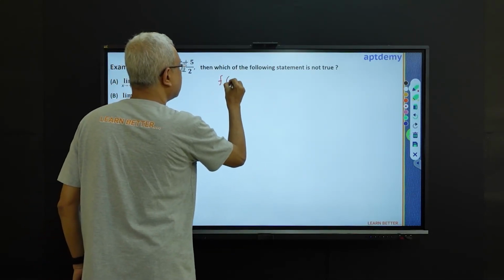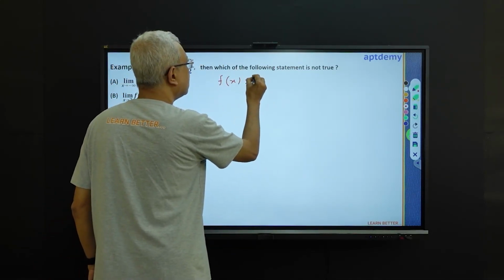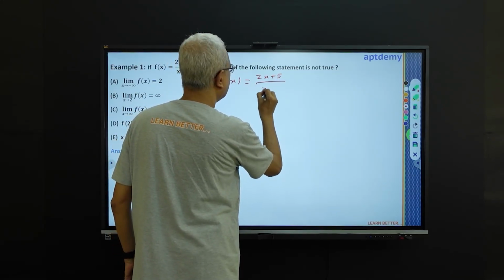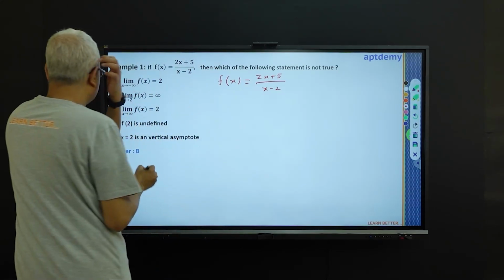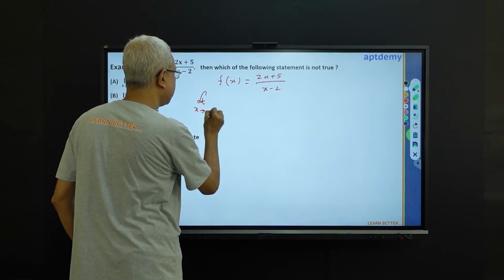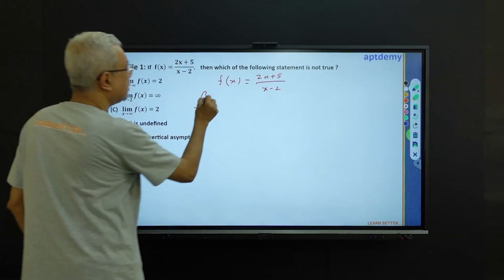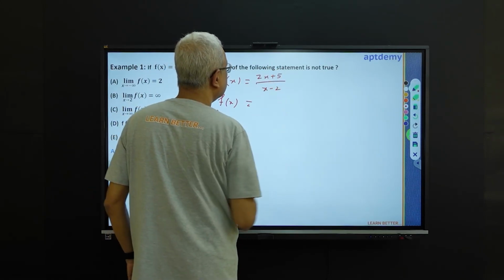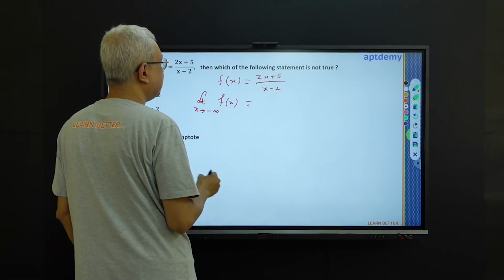Limit x tends to negative infinity, first one, f(x). We can divide both numerator and denominator by x.